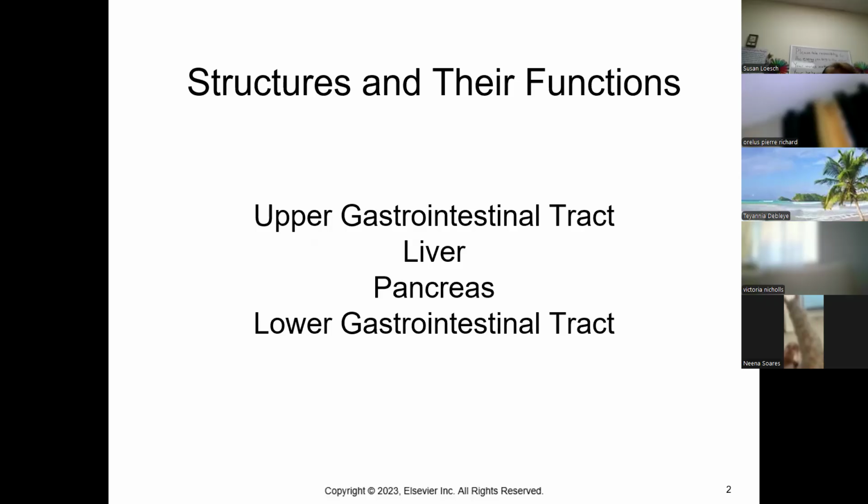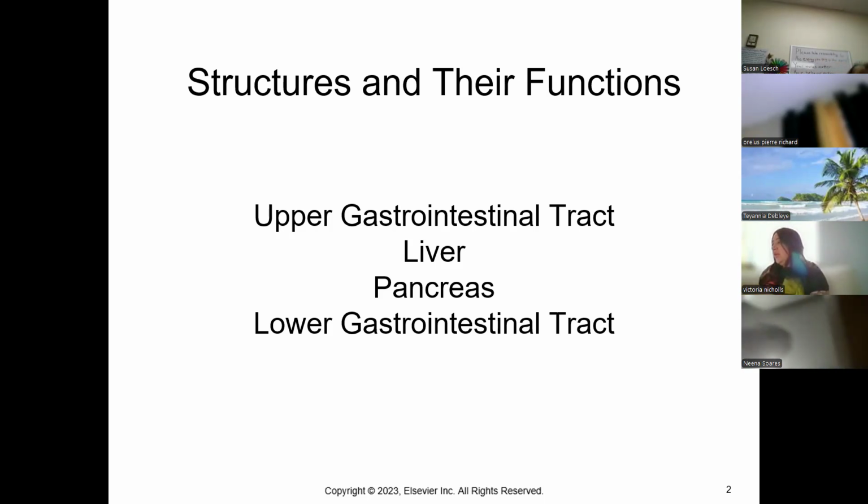The digestive system eventually eliminates those waste products from food and from any sort of metabolism that occurs in the body. The digestive tract is divided into two sections, the upper and the lower. The upper is your mouth, your esophagus, and your stomach, and the lower is the intestines.